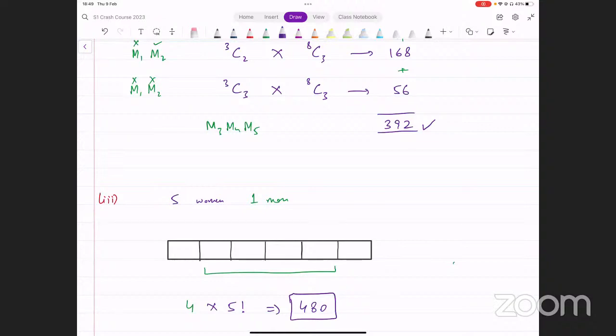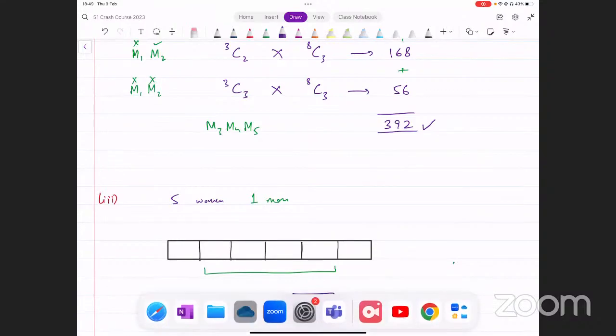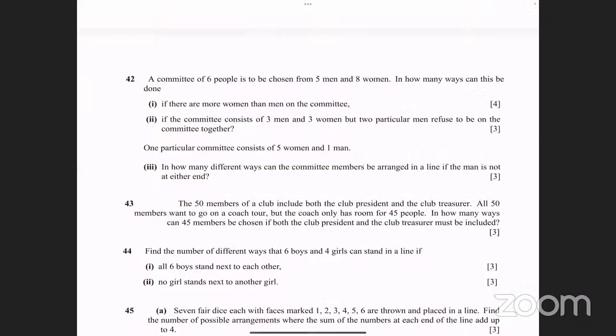Okay. I hope that makes sense. Let's move on. Let's look at another question then. If there are no problems with this, we will try another one now.